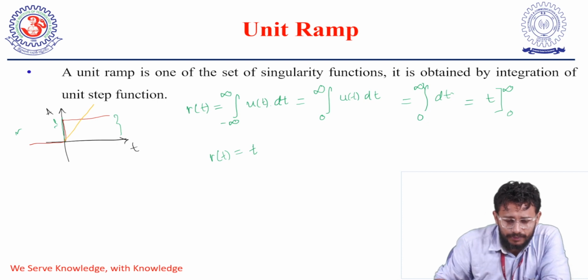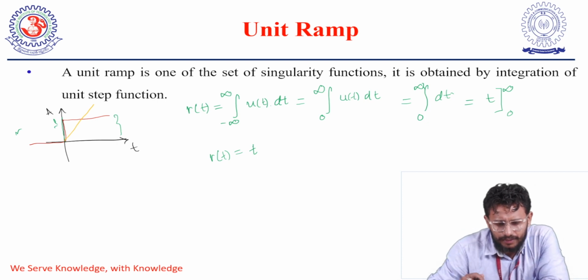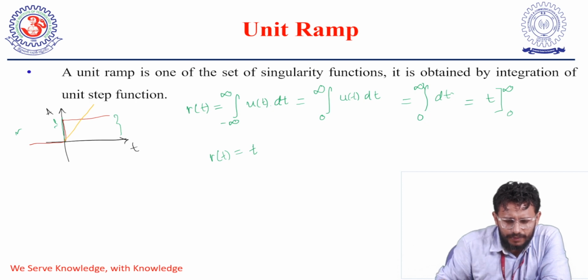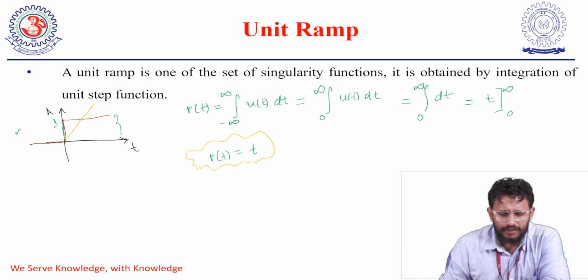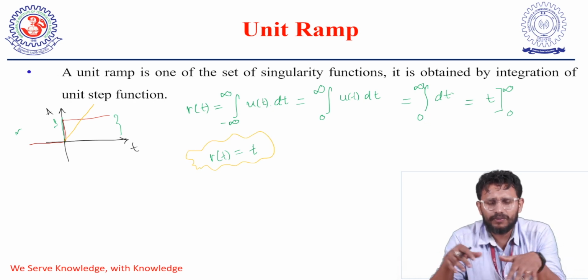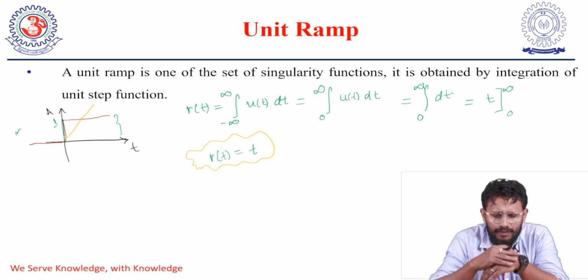Now, for a general understanding, what do you think would be unit ramp nature of inputs for our real world control systems or for our real world systems? Now, this is something which is changing continually with respect to time.